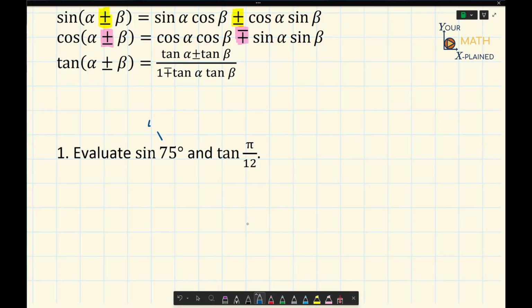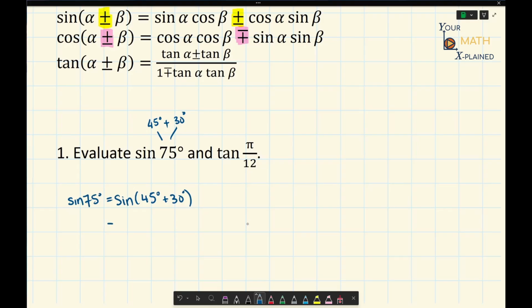So this is 45 plus 30, both of which are special angles. So that means we can write sine of 75 degrees as a sum where we have sine of 45 degrees plus 30 degrees. And now we can use our sum and difference identity to split this up.